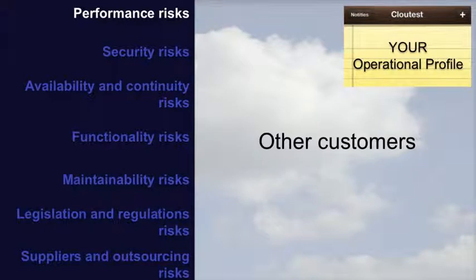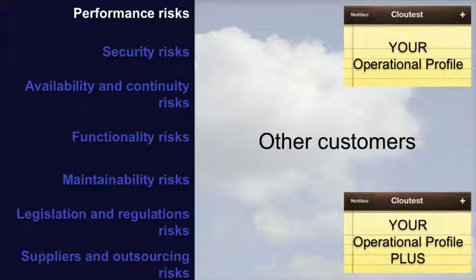Remember, one of the essential characteristics is resource pooling. Now, the risk of insufficient performance not only depends on my operational profile, but it also depends on the usage of other customers that share the same cloud service resources. If many customers are having peak load at the same time, this will introduce a high likelihood of performance issues.